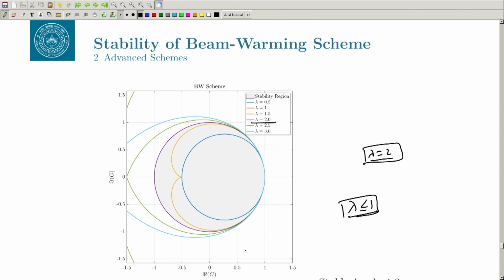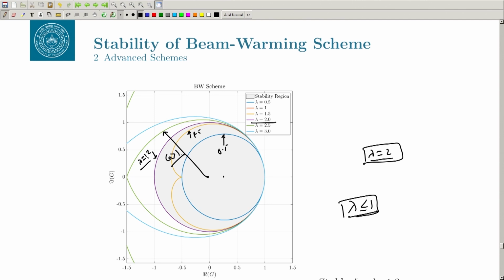This is your lambda equal to 0.5, this is 1.5, and this is both for lambda equal to 1 and lambda equal to 2, this line. If you go more than 2, then G becomes greater than 1. So, there are some schemes which have a stability limit greater than 1 also.